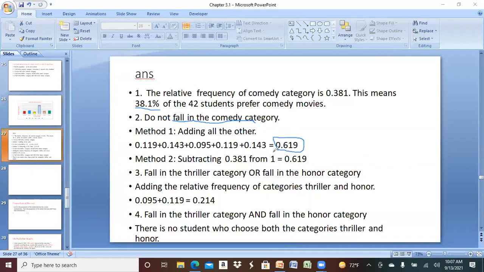We have two ways to find. You subtract 1 minus 0.381, or you add together from this one. And then when you add, you look on this one.